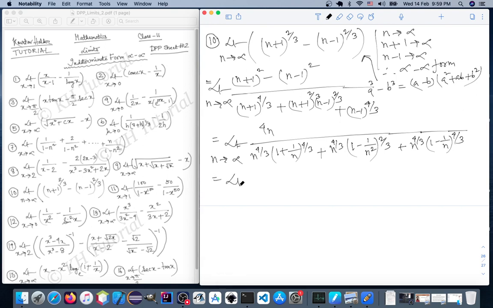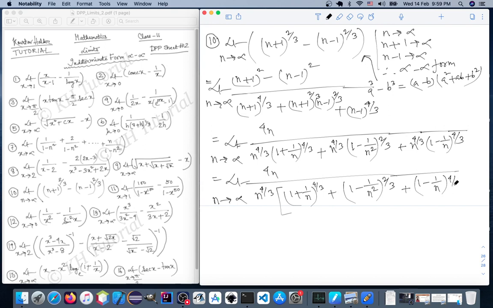So as n tends to infinity, we have 4n divided by n to the power 4 by 3 times (1 plus 1 by n) to the power 4 by 3 and so on.